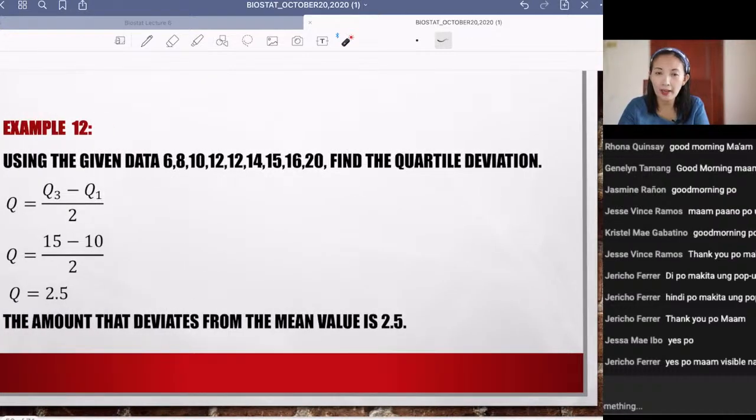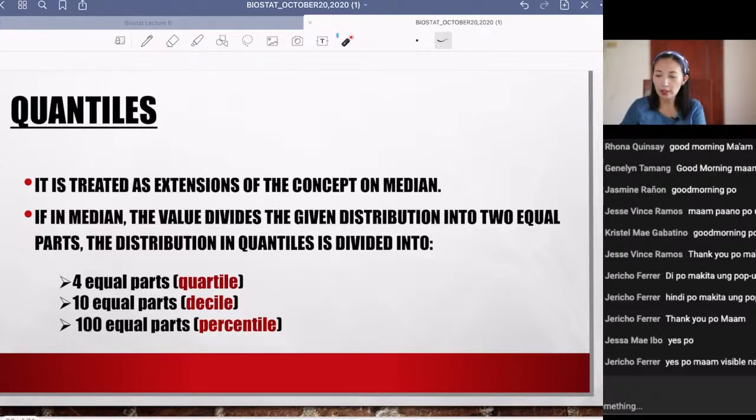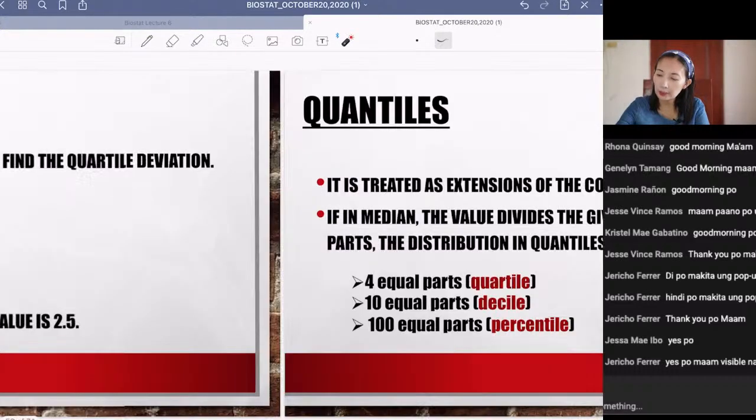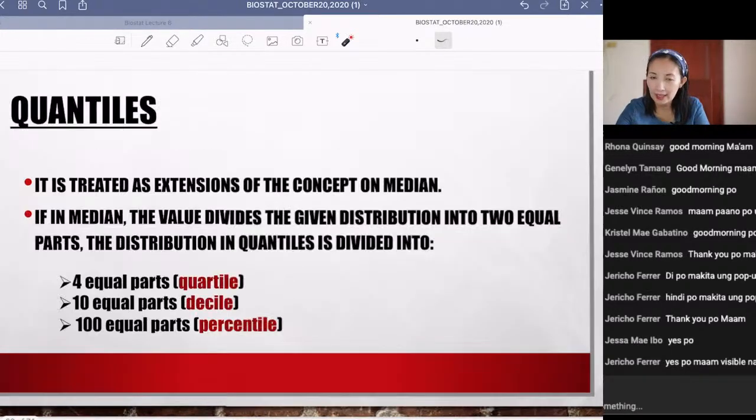Now, may we skip IQD first? Let me discuss with you first quantiles so that you will know how to determine Q3 and Q1, because interquartile deviation requires identifying first your Q3 and your Q1. So may I skip this meantime and move on to quantiles?